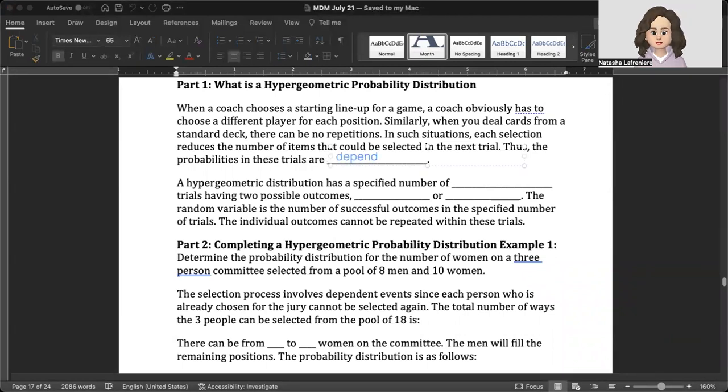In the last unit, we looked a lot at independent events, whereas this is dependent. So hypergeometric distribution has a specific number of dependent trials having 2 possible outcomes, success or failure.